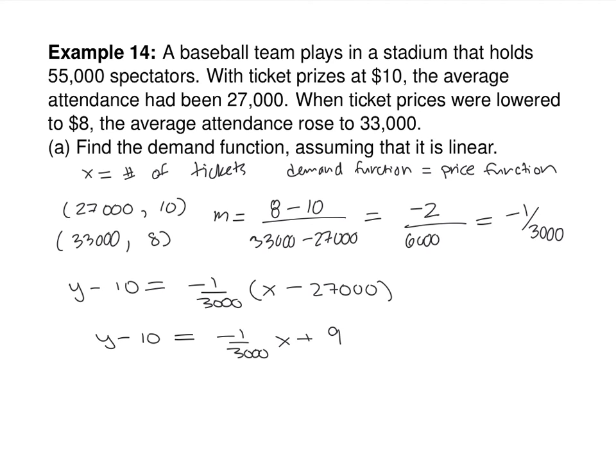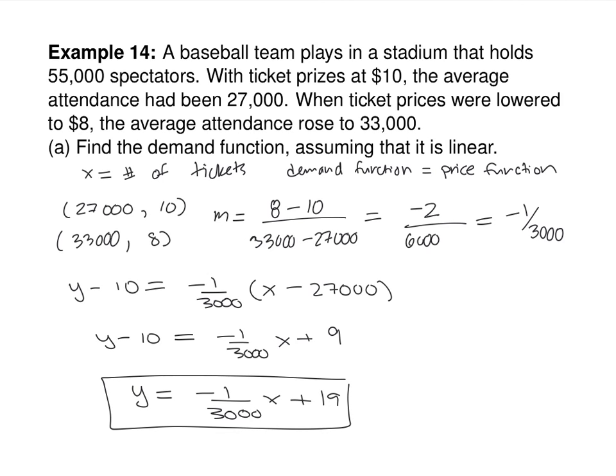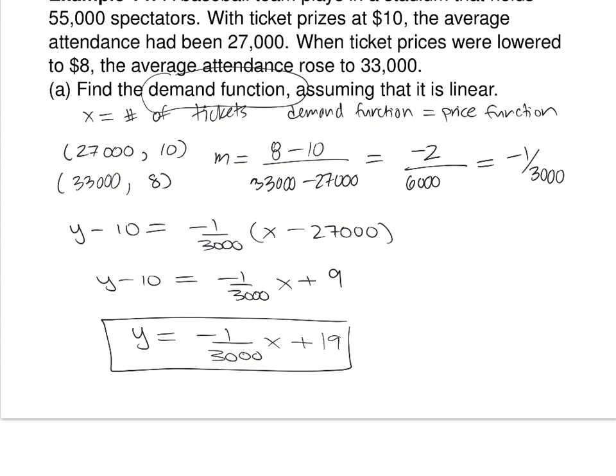So the demand function is negative 1 over 3,000 x plus 19. But how they define that demand function is that y is the price. So that's just the book's definition and their way of doing it. We kind of did stuff like that in the first chapter, didn't we? Like a little bit. It was with making chairs and stuff, right?